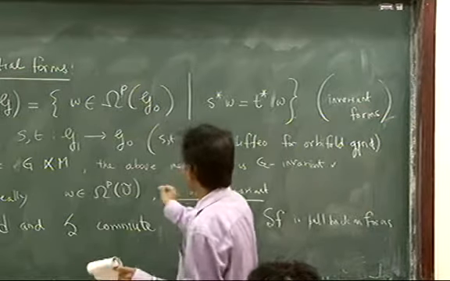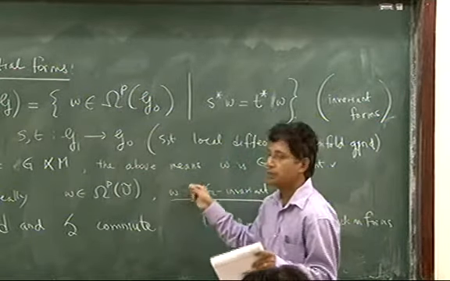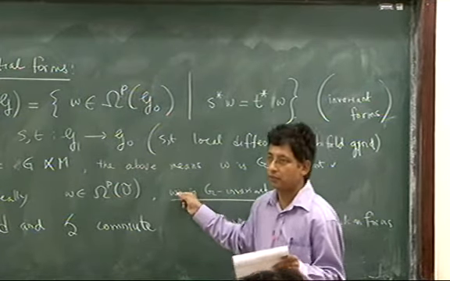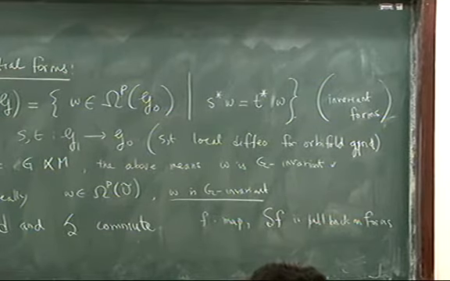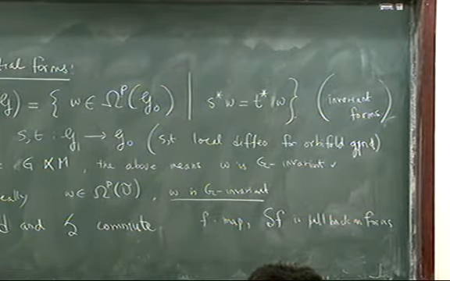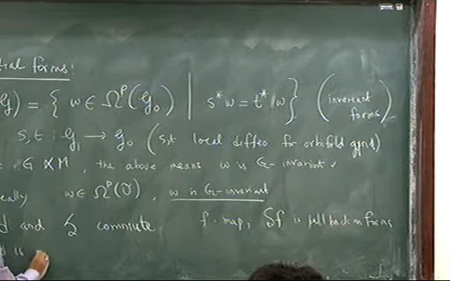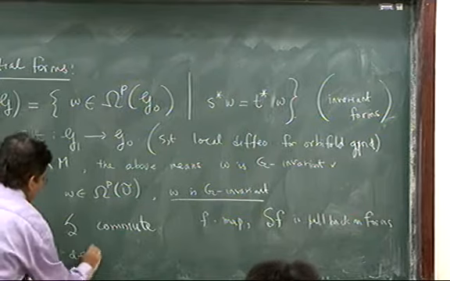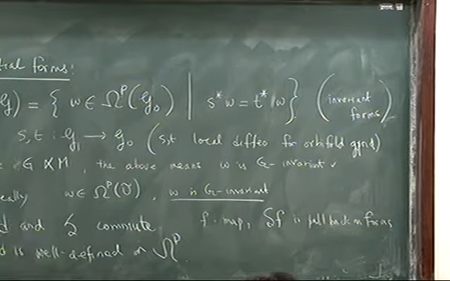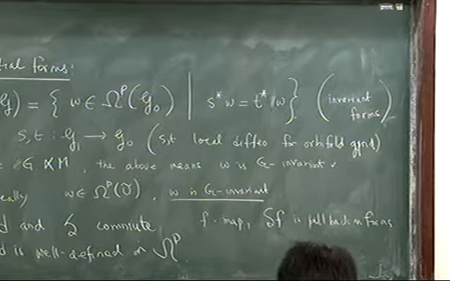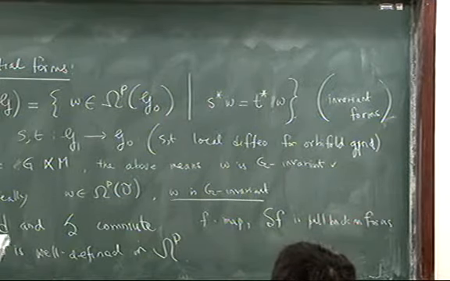So I can induce a d on the invariant forms. Delta is the pullback operation on forms. Since d and delta commute, d is well defined on omega p. Okay, that's good.